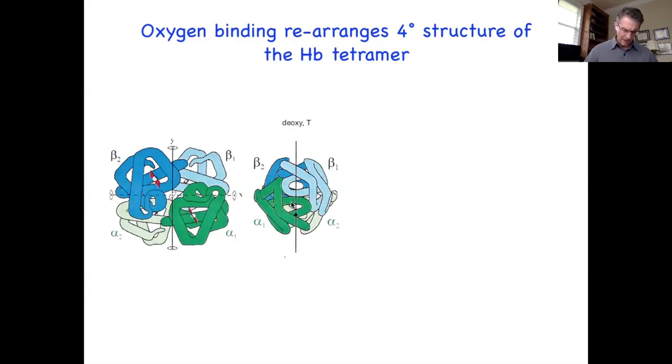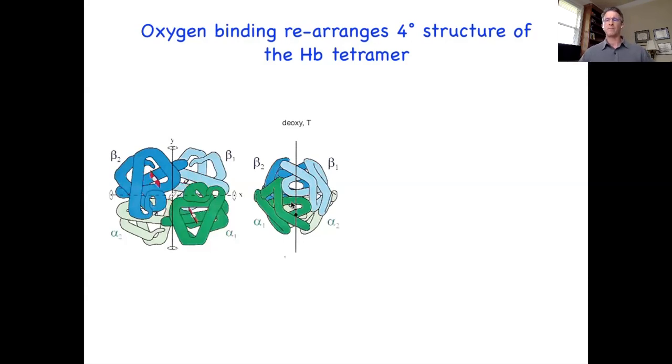So here again, that I started drawing out. Here's that alpha 1, beta 1, alpha 2, beta 2. There's the two heterodimers. There's the interface. They come together. You rotate this guy about 90 degrees. You can see that alpha 1, beta 2, alpha 2, beta 1 interface. It's back over here, right? And what turns out to be the case is right along this interface, because here's alpha 1, here's beta 2. There's that interface.